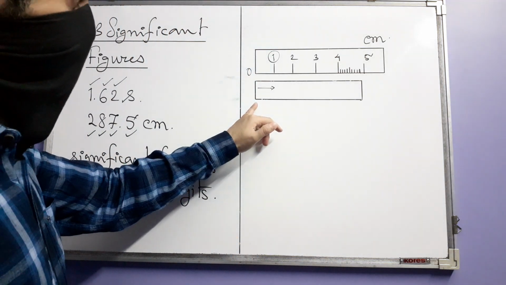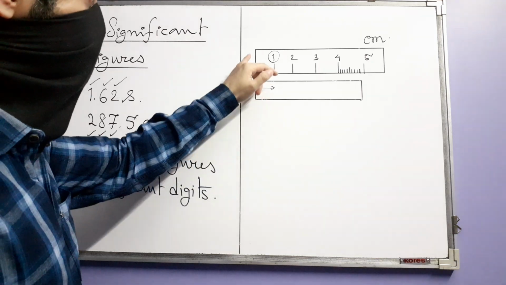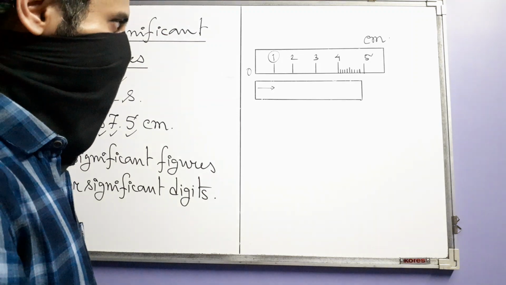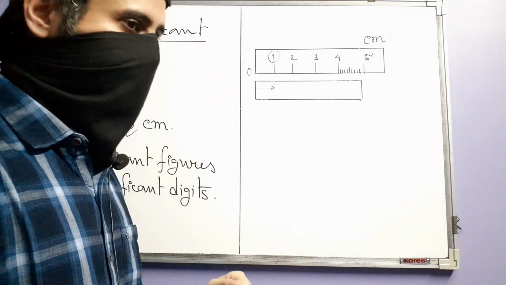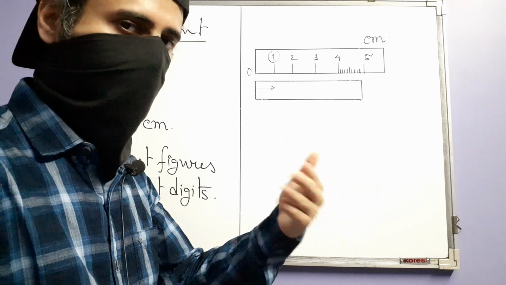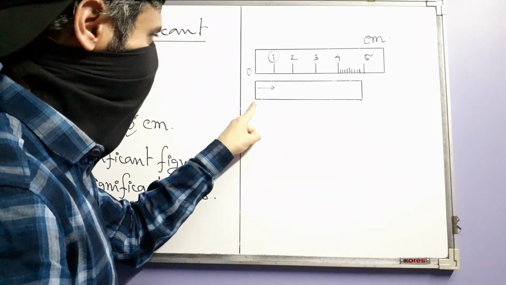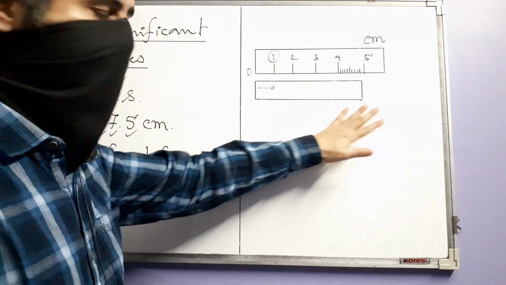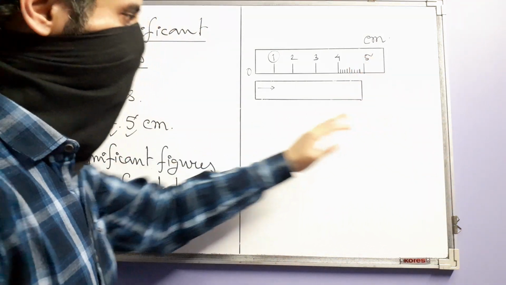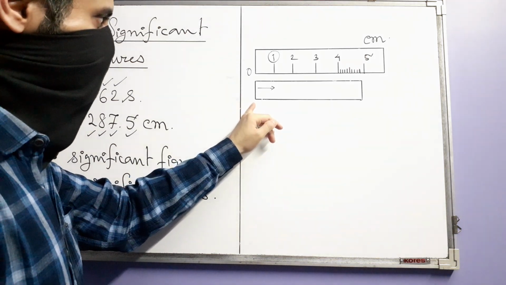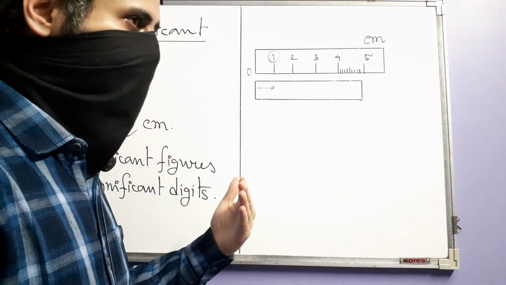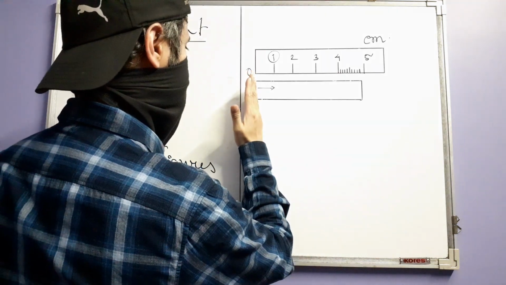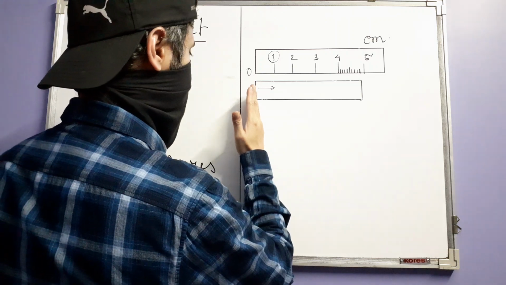One end of the object or block I have tried to match with the 0 mark of the ruler, and then we can view the length of the ruler as gradually increasing as we move from the left to the right. It's a very strange way of looking at the length. I mean, length of course is not changing, length is fixed, but still, say we are looking at the ruler getting longer and longer as we move rightward.